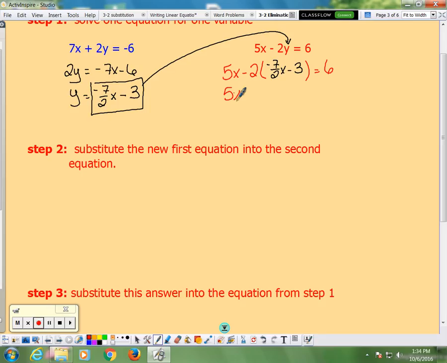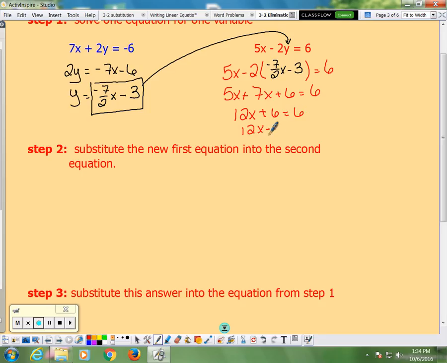So 5x minus, well, 2 times this negative 7 over 2 is going to end up being a positive 7x. Negative 2 times this minus 3 is going to be a plus 6 equals 6. 5x and 7x is 12x. Plus 6 equals 6. I subtract 6 from both sides.